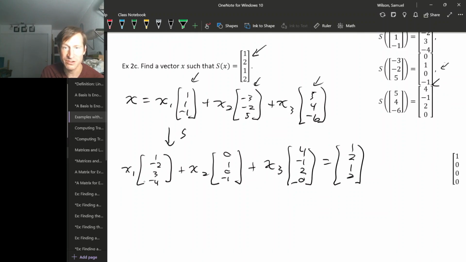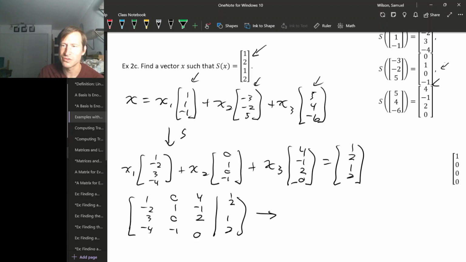To solve this equation, we can write our augmented matrix: 1, minus 2, 3, minus 4, 0, 1, 0, minus 1, 4, minus 1, 2, 0, and then the augmented column is 1, 2, 1, 2, and then row reduce. And when we row reduce this one, here's what we get.